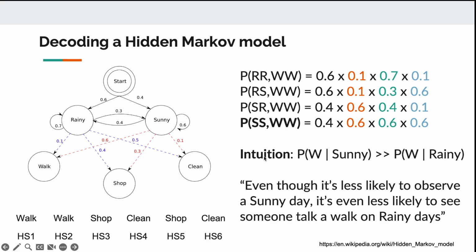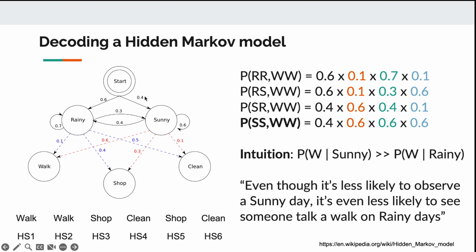For this data in particular, you can use intuition. If we look at walking, we see that it's only 0.1 if it's rainy, and 0.6 if it's sunny. So if you see someone walk twice in a row, because the probability of walking given sunny is much higher than the probability of walking given rainy, both days are probably sunny.